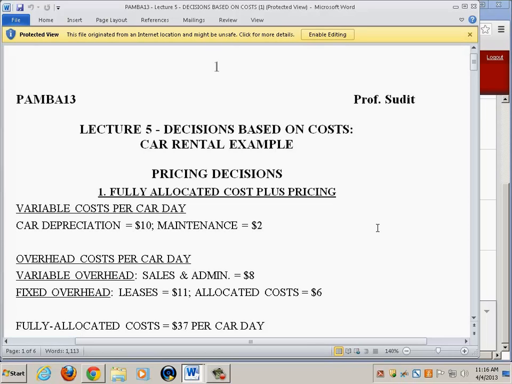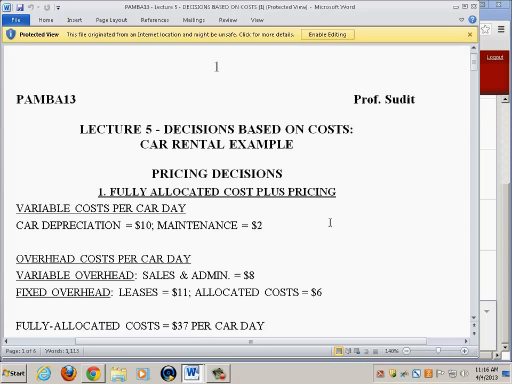I said one of the most important objectives of cost analysis and cost management is to provide support for decisions. So we come to a time where we want to review the more important business decisions that are based on cost analysis and cost management and how those decisions are made.